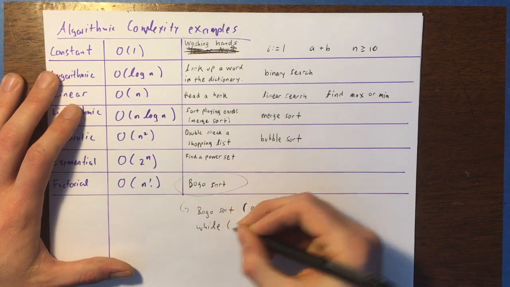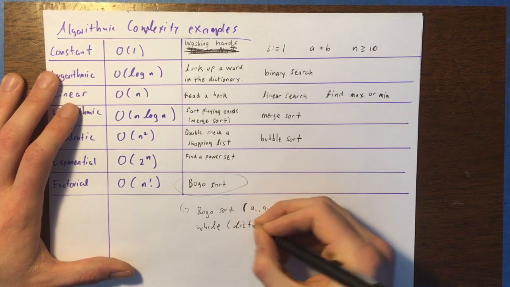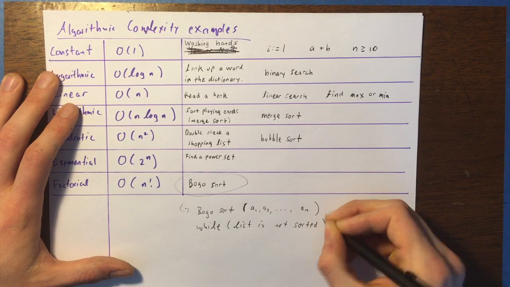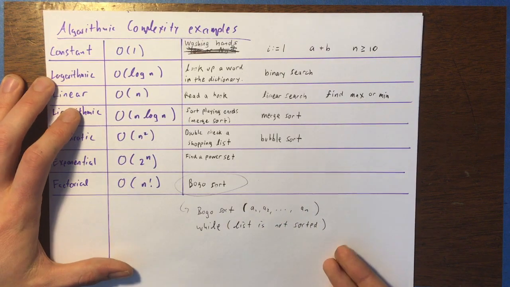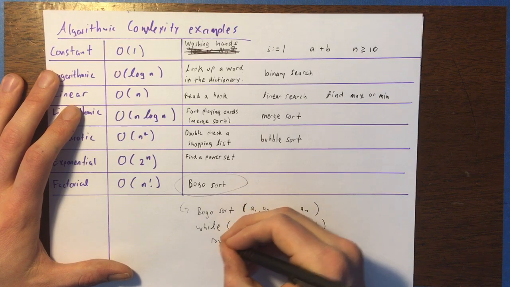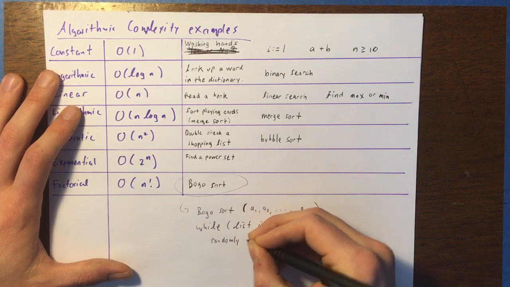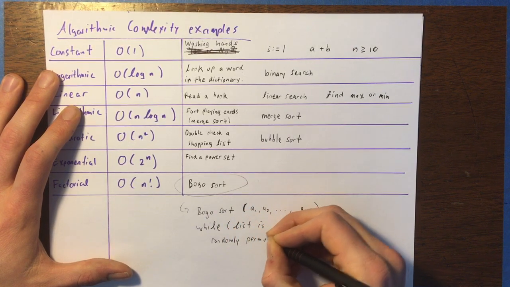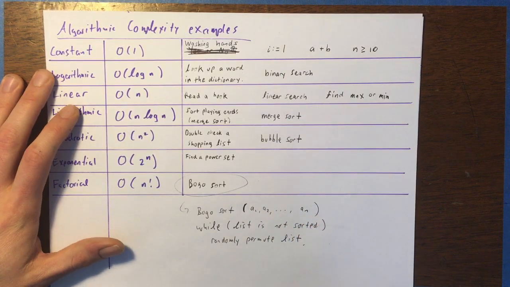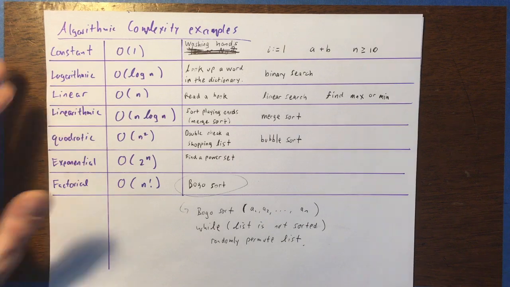It says while list is not sorted. Okay, so you have to have some way of checking to see if the list is sorted. So while the list is not sorted, what you do is you randomly permute the list. And that's the Bogo sort. So this is a joke because it's a terrible sorting algorithm.